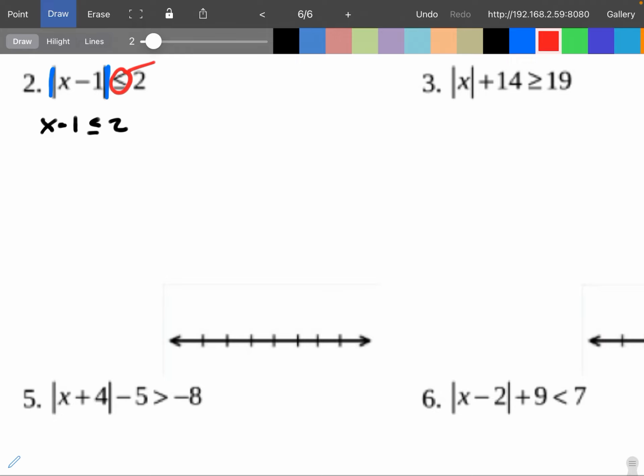So X minus 1 is less than or equal to 2. And because we got it by itself, we can look at this also and decide, is it an and or an or? And. If it's a less than, it's an and. So we got that for sure. So we're going to write and.